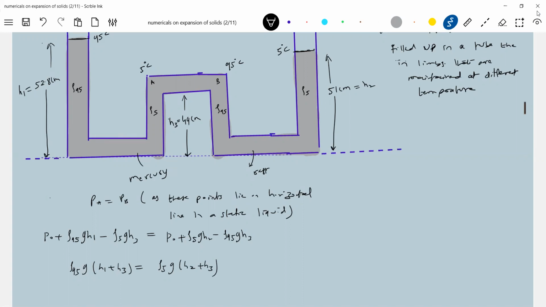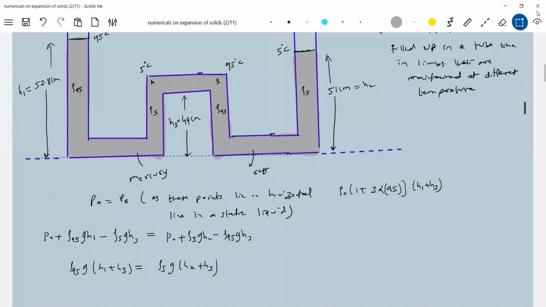We know H1, H2, H3. So what is being asked? Thermal expansion of the mercury. How to bring that in? What is rho 95? You can write it as rho naught times 1 plus 3 alpha into 95, times H1 plus H3.